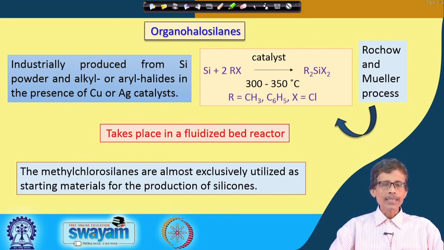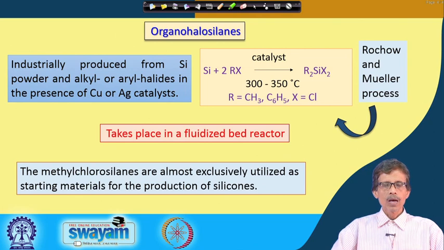The variety we can get is the methyl variety, where R is methyl or CH3 and X is equal to Cl. So, we get the methylchlorosilanes, which are almost exclusively utilized as the starting material for the production of silicones. That means silicone oils, silicone rubber, or silicone sheets of different strength and different solidifying type.